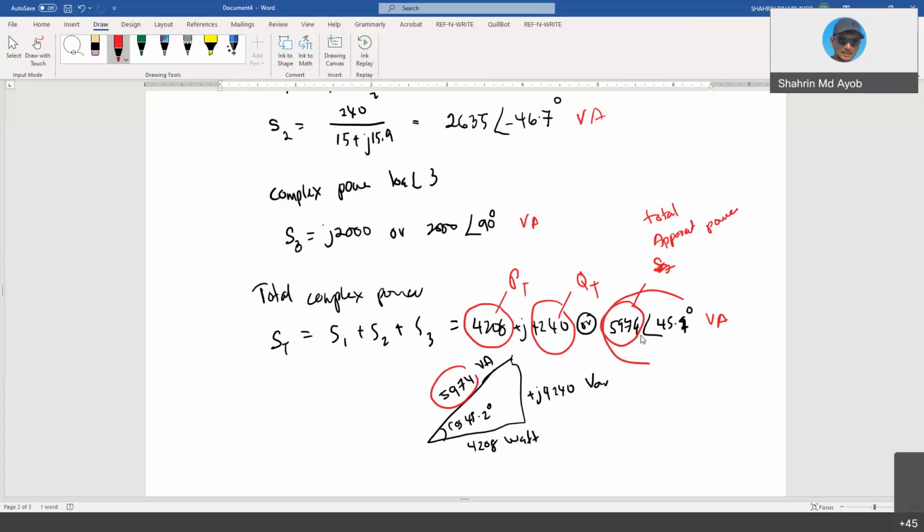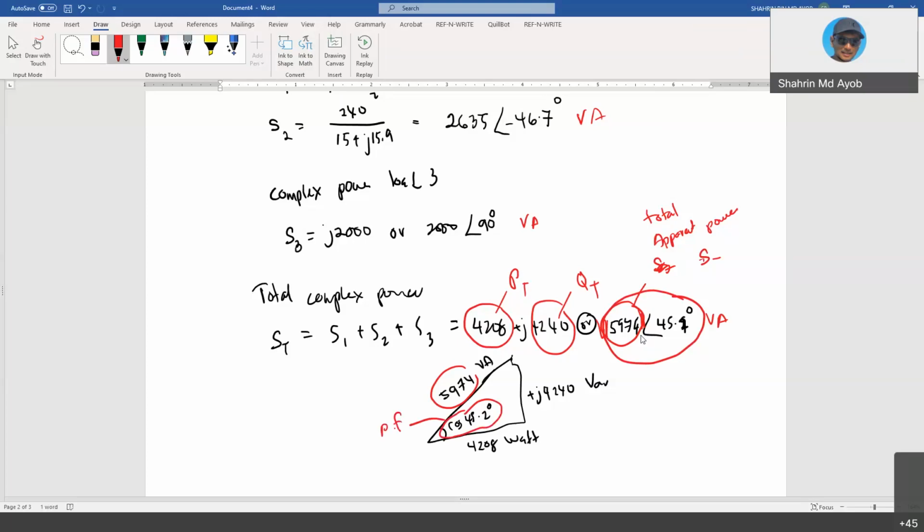The magnitude of the complex power, which is 5974, is actually a representation of the apparent power. This is your apparent power total. And the angle here, the cos 45.2, is your power factor.